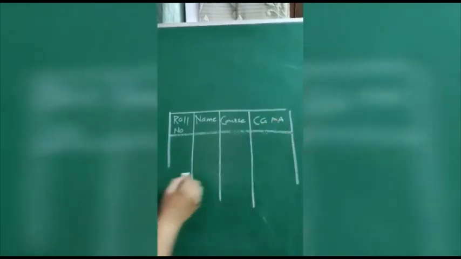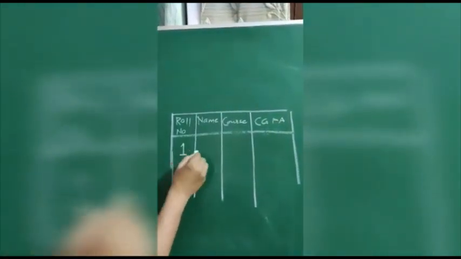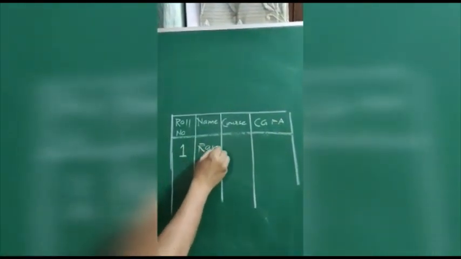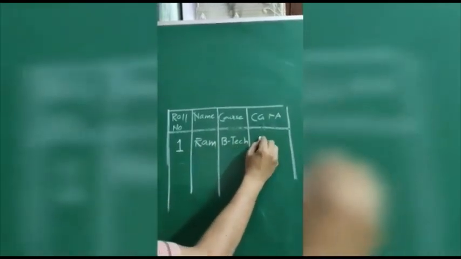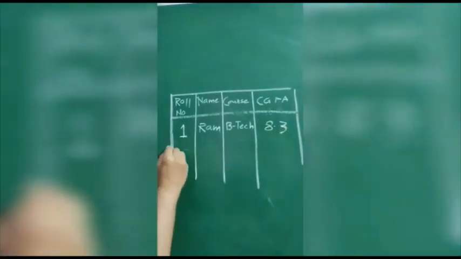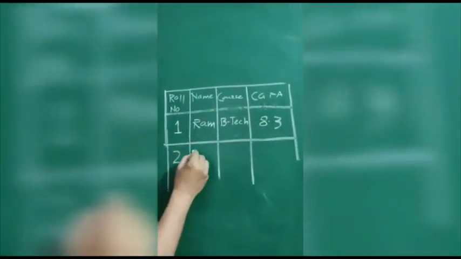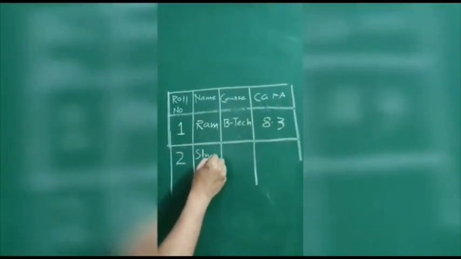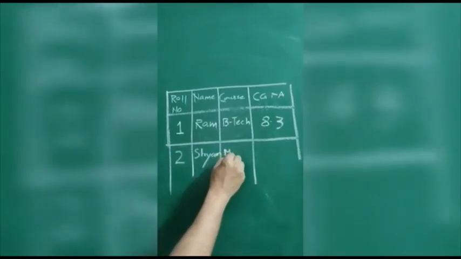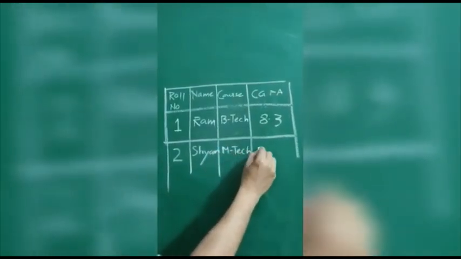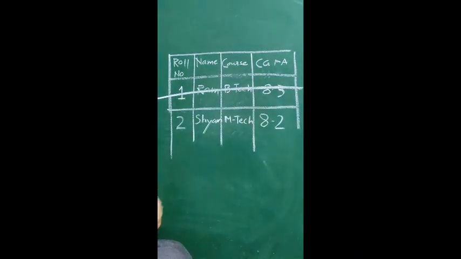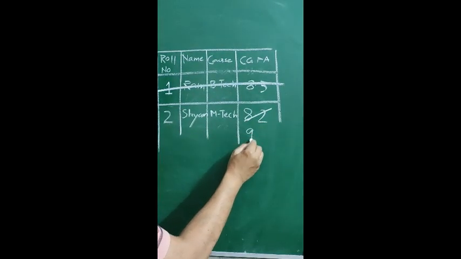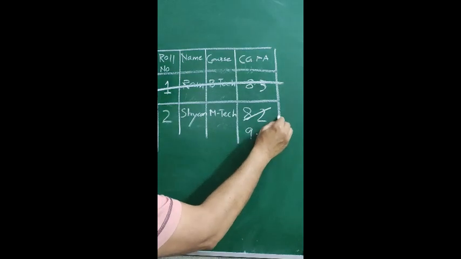Either insertion, deletion or updation is performed. Let us now add data in the table that we considered. Suppose Ram leaves the institute and we do not want the data related to Ram in the table. So, we would delete it using delete command. If Shyam's marks are incorrectly stored, we can change it using update command.